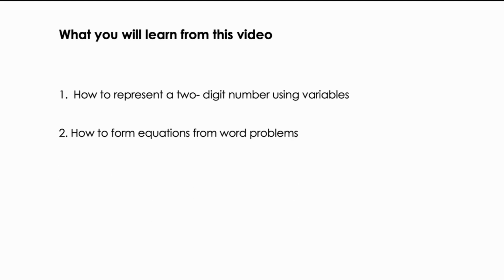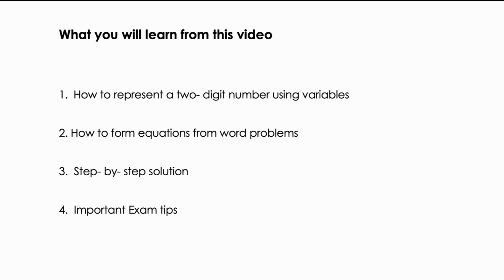By the end of this video, you will be able to solve any two-digit number problem confidently. Then how to form the equations from the word problems, so how you will be able to build these equations from the statement given. Once we form the pair of equations, we'll go through step by step solutions for the variables x and y, and some important exam tips.